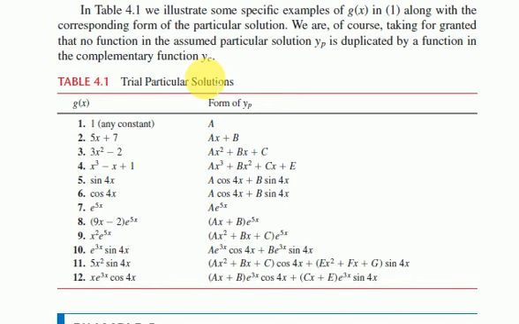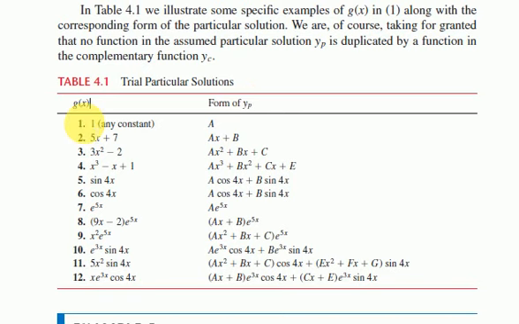And in the undetermined coefficients or superposition approach, we first examine what kind of g of x is given in the differential equation, and then assume the form of yp, what kind of particular solution it can be.